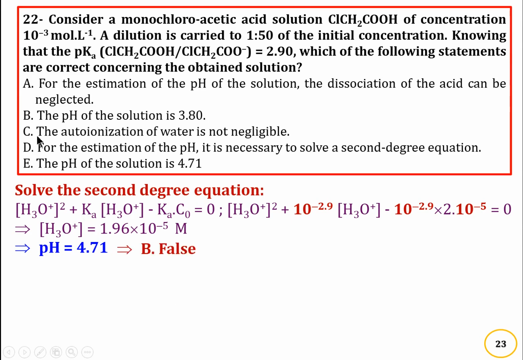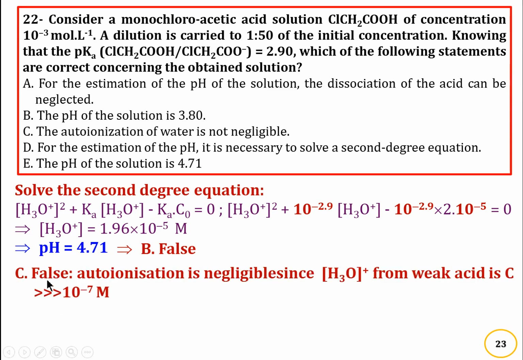We pass to part C. The auto-ionization of water is not negligible. So he proposed that we did not neglect the auto-ionization of water. This is false. Since the auto-ionization is negligible, the concentration of H3O+ from the weak acid is equal to 1.96 times 10 to the minus 5 molar, which is at least 10 times greater than the H3O+ provided by the autoionization.